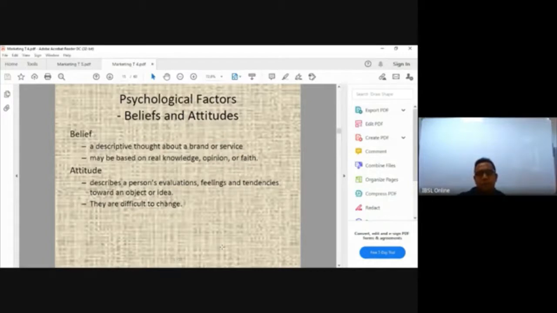That is why, even when we recruit people for organizations, the HR people follow the principle: recruit for attitude and train for skill. That's what they do.